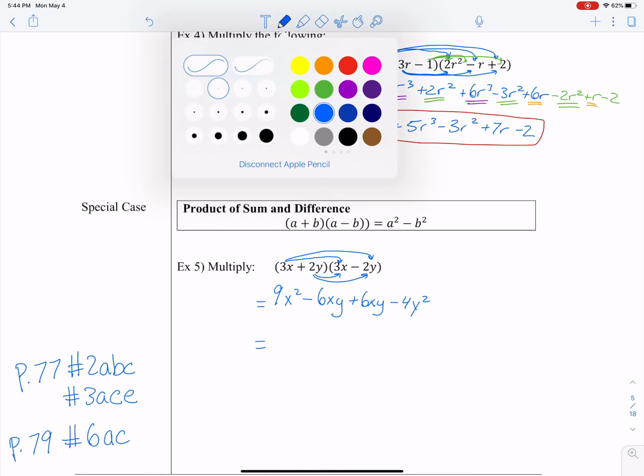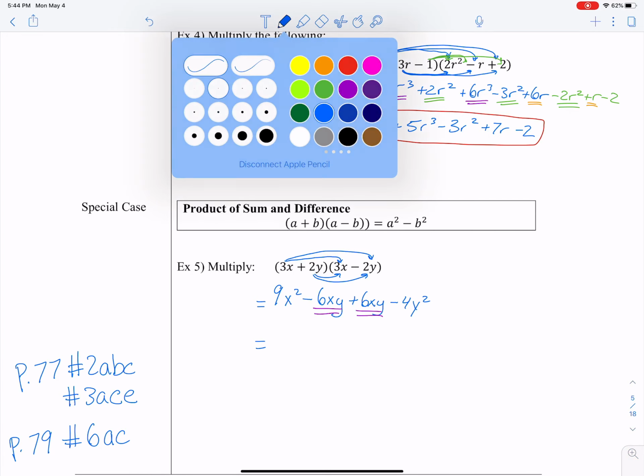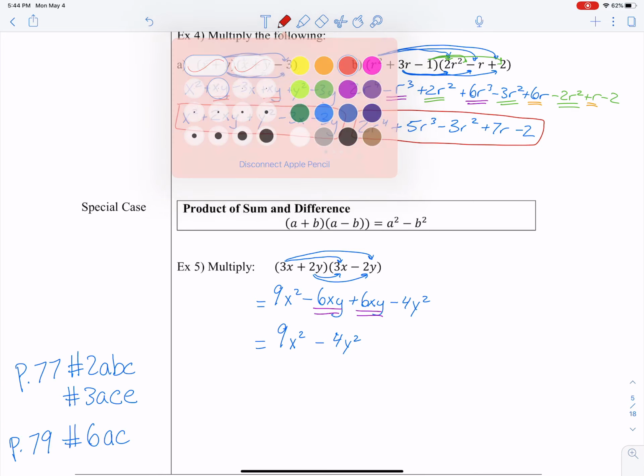All right, so now we're going to combine our like terms. We have 9x squared minus 6xy plus 6xy. When you add them together, that becomes 0. So we don't need it anymore. We're left with just negative 4y squared.